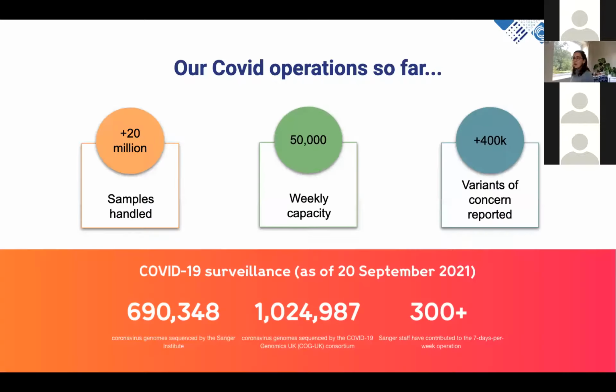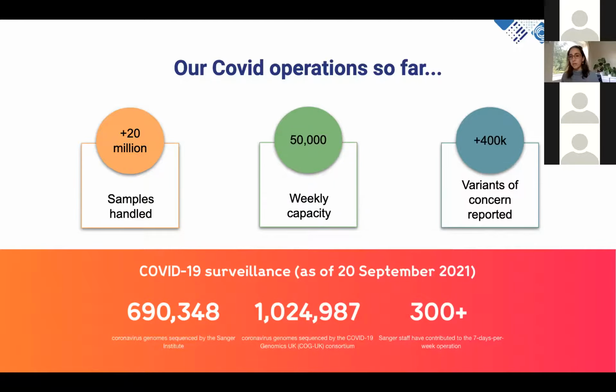On COVID, so far, what have we done? So just a snapshot of what we've done so far. Over the past 18 months, we have handled 20 million samples at Sanger. That means not just positive samples of COVID, but also negative samples, because sometimes in the past, we used to receive both positive and negative samples.